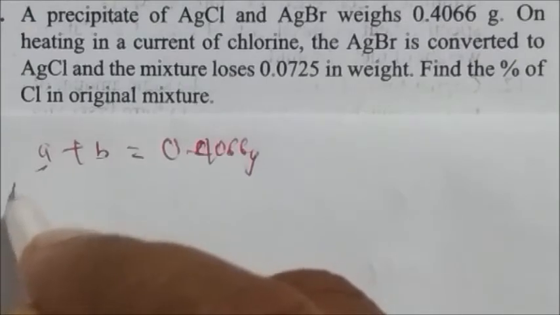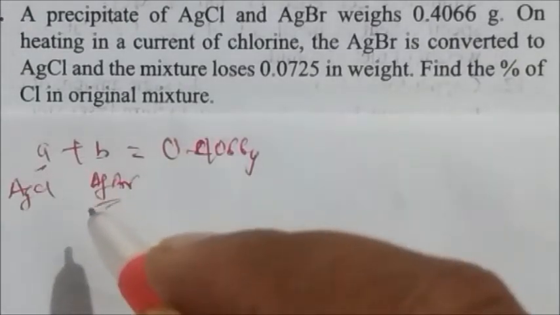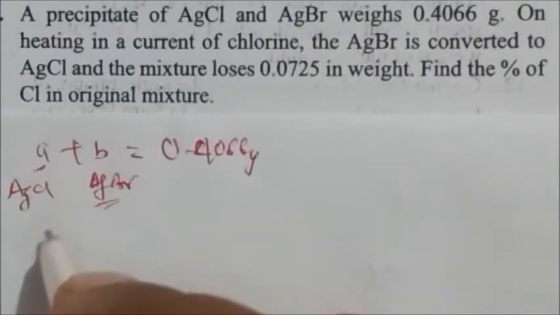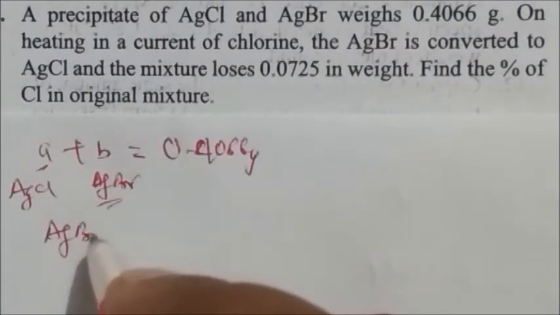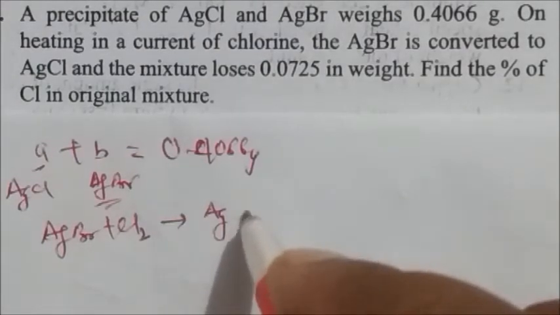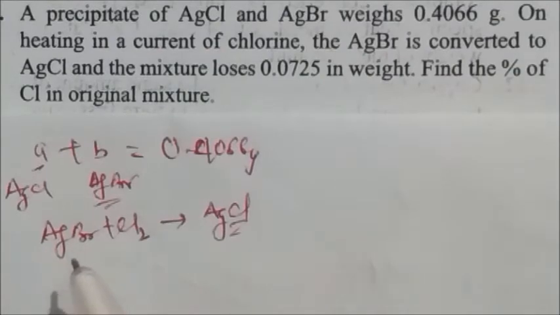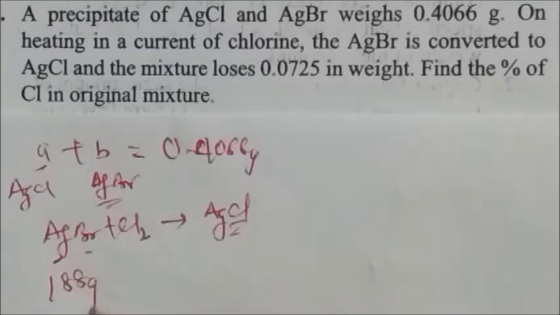So what is A? A is nothing but the AgCl, and B is nothing but the AgBr. So it is already given here. And when you pass Cl2 over AgBr, it is converted fully to AgCl. So definitely some weight will be reduced. The mass of AgBr: Ag is 108 gram and Br is 80 gram, so total mass will be 188 gram.